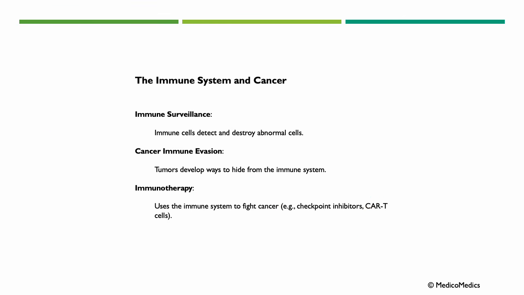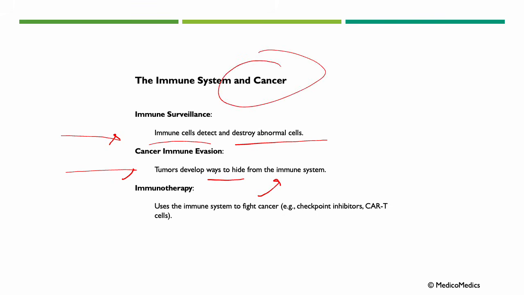Moving on then to the immune system in cancer. Immune cells, indeed, detect and destroy abnormal cells. But tumors develop ways to hide from our immune system. This is one reason why cancer is so tricky.